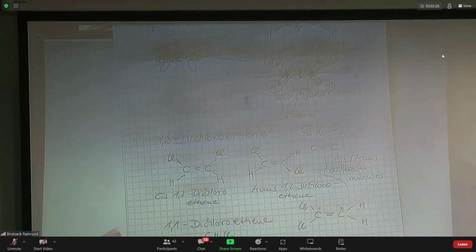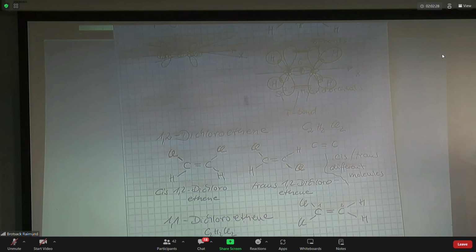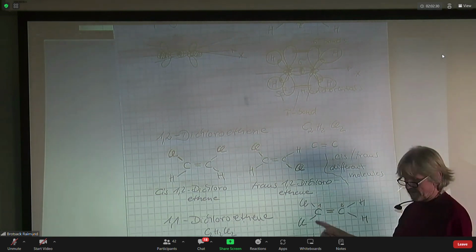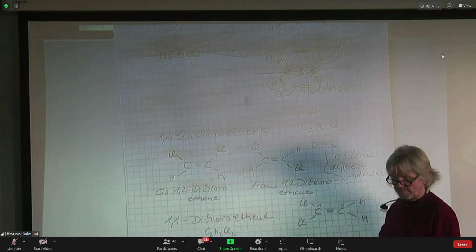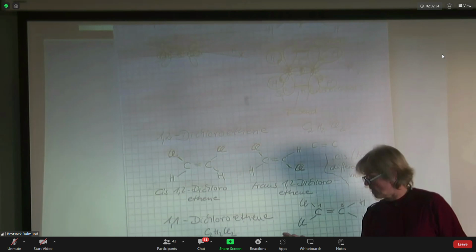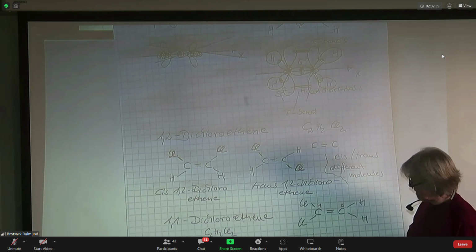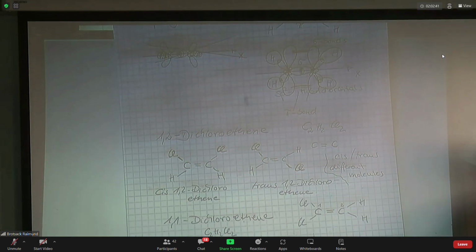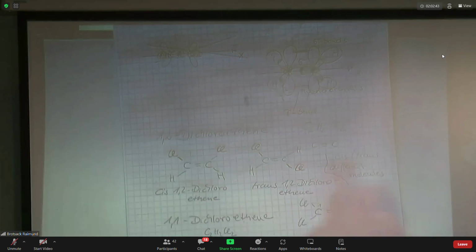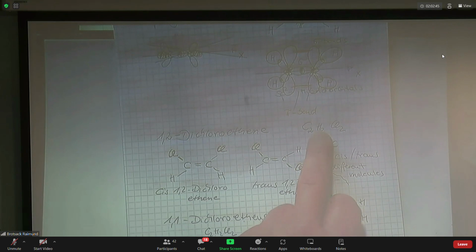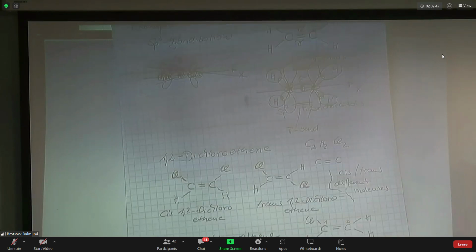For the 1,1, it doesn't play a role, because they are on the same atom. If you turn the whole molecule, but not here, it doesn't change. So here we have just one option, but for the 1,2, we have two options. So for the same sum formula, we have three different molecules, the 1,1 and two different 1,2.